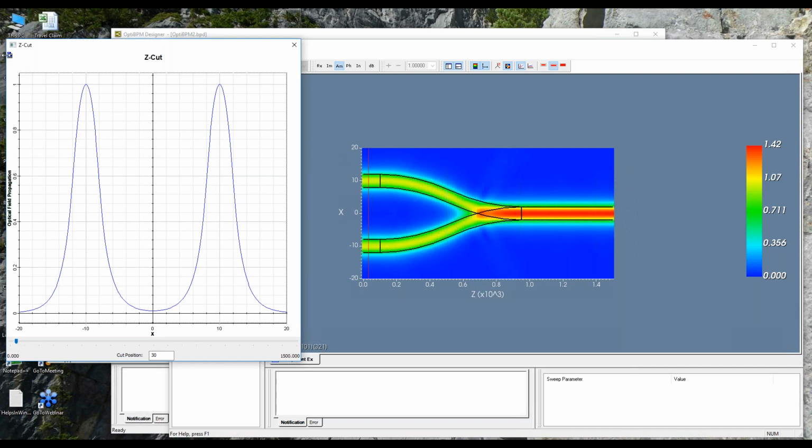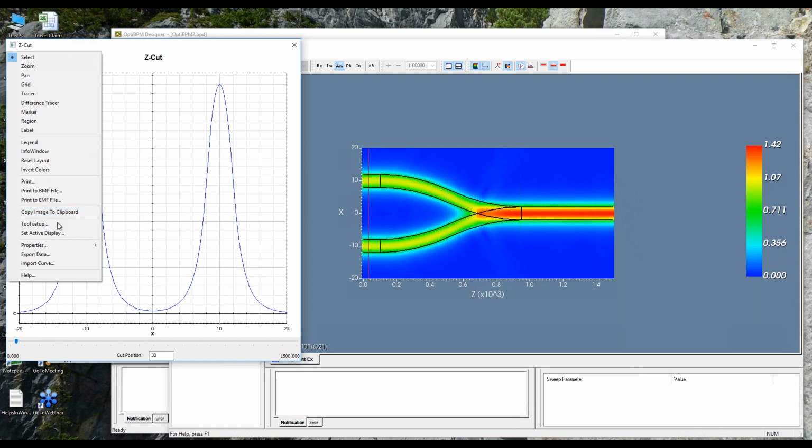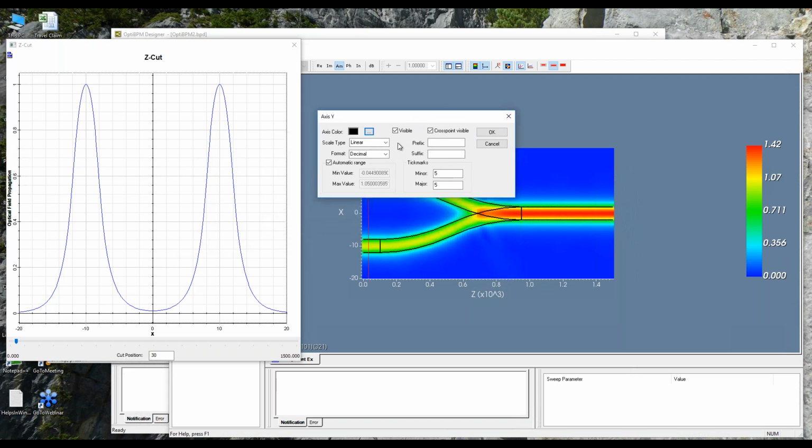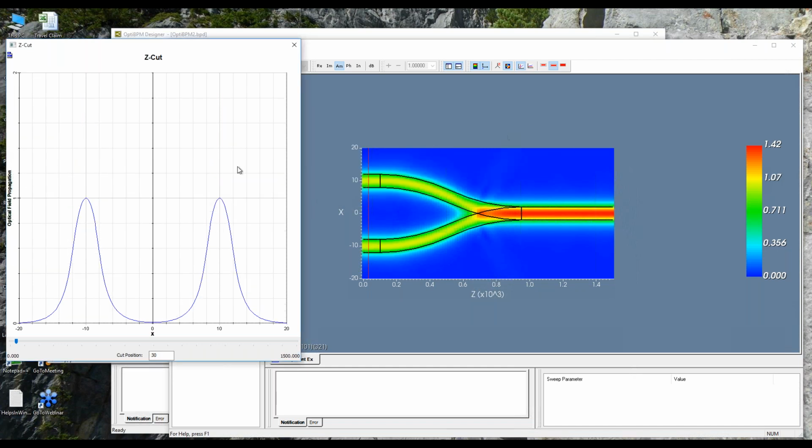I'm going to do a little bit of magic with the axes in this case because the view is not very clear if you set the range automatically. We'll get a clearer view of what's going on if we fix the scales to be exactly 1 and 2.